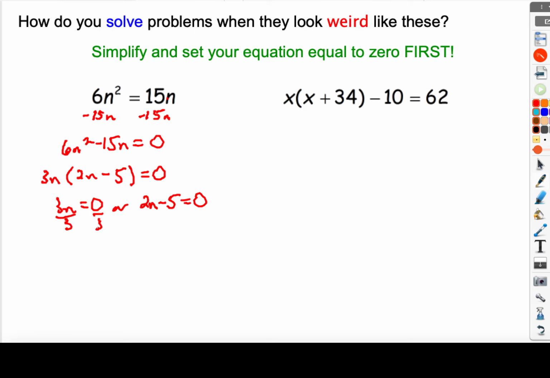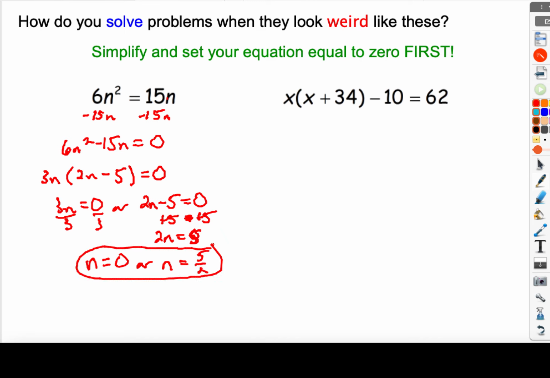Divide by 3 and n equals 0. Or if we add 5, 2n equals 5. Divide both sides by 2, and 5 halves would be our other answer. So 0 and 2.5 would be two good solutions.